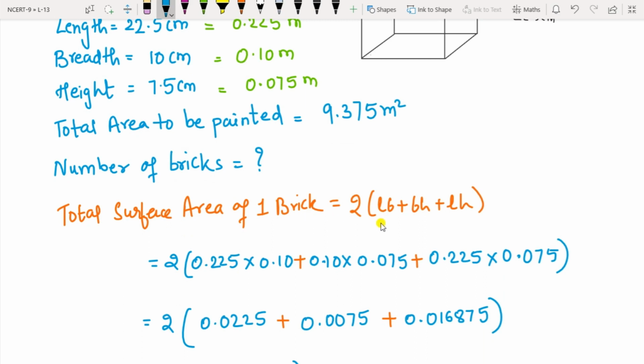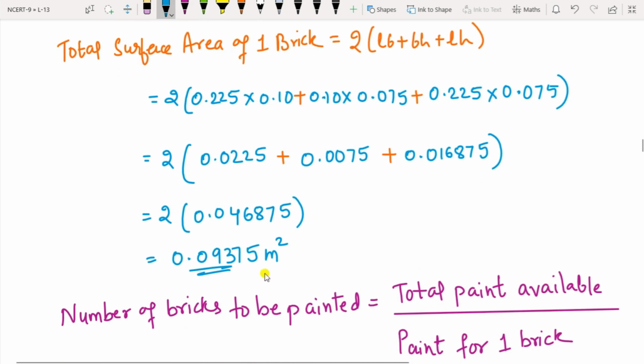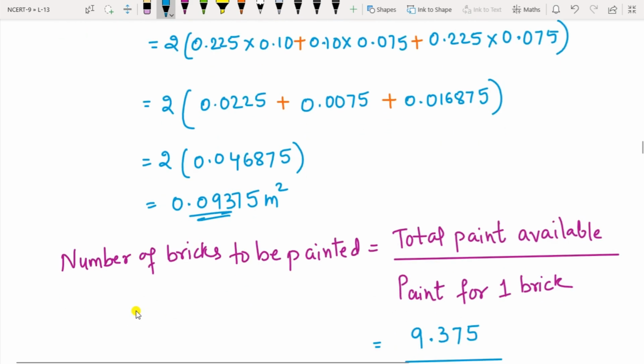The brick is in the form of a cuboid, so its formula for total surface area will be 2 bracket LB plus BH plus LH. Substitute all the values and you get the answer here as total surface area of one brick is 0.09375 meters square. Okay, so from that paint box, how many bricks can be painted in all? So the number of bricks to be painted is total paint available upon paint for one brick.